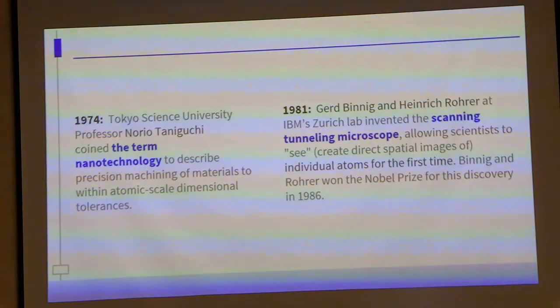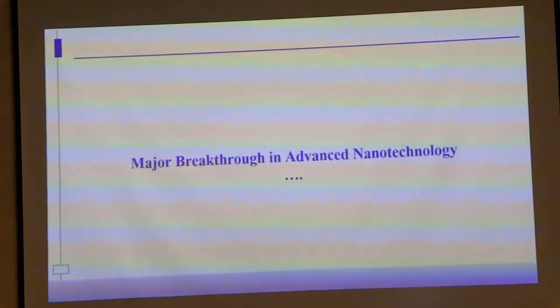In 1981, Binnig and Rohrer invented scanning tunneling microscopy, which allowed us to see individual atoms on a surface for the first time. They won the Nobel Prize in 1986. Some major breakthroughs in nanotechnology.